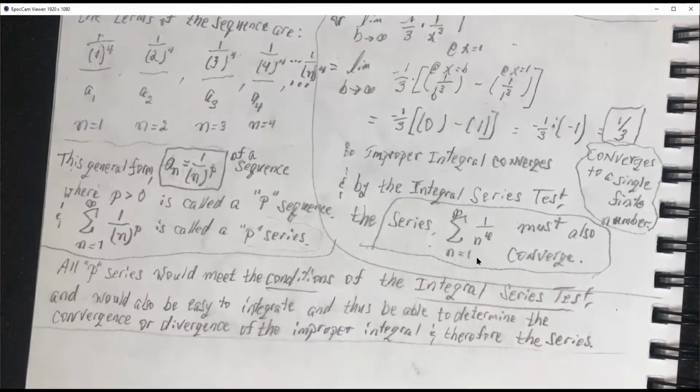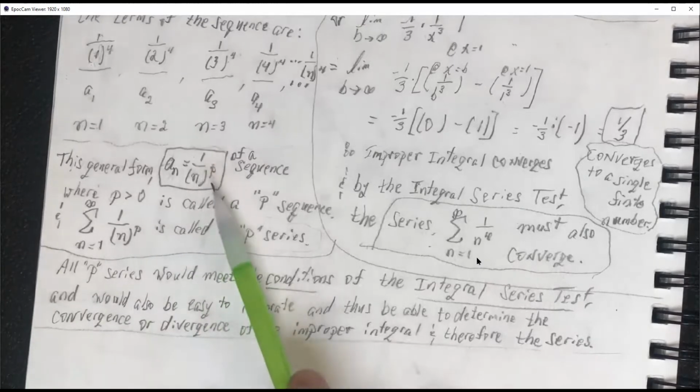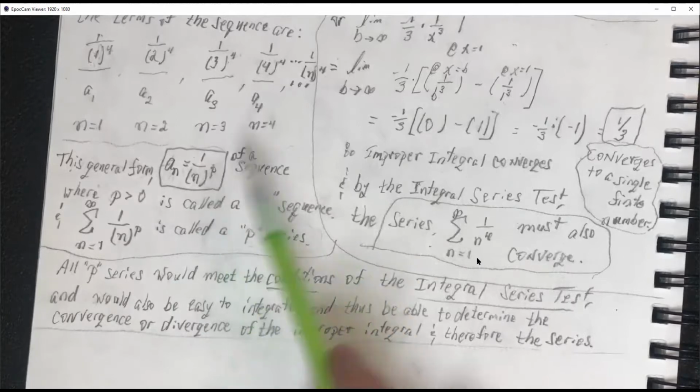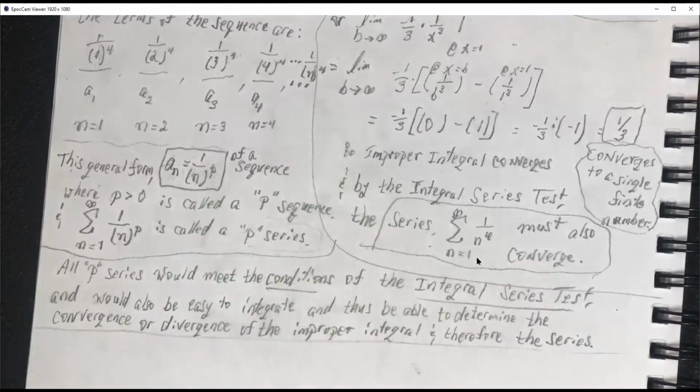So some people, however many hundreds of years ago, I can't remember who did it, or what group of people, came up with the idea that all of these types can use the integral series test, and it's going to be a simple integral using the power rule.